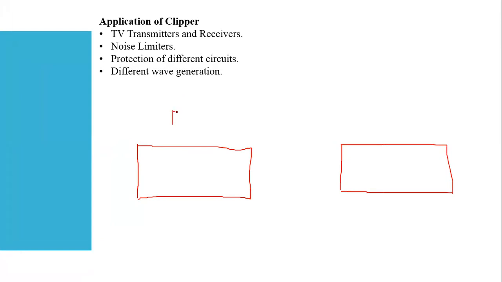Consider this is my PN junction diode and this is the Zener diode.